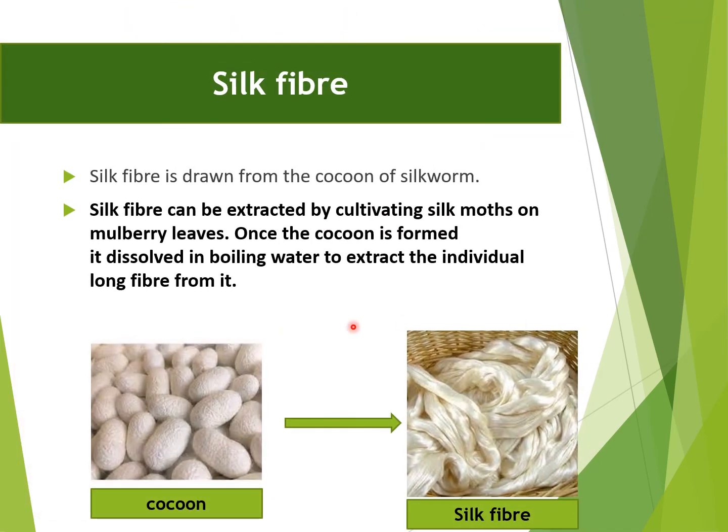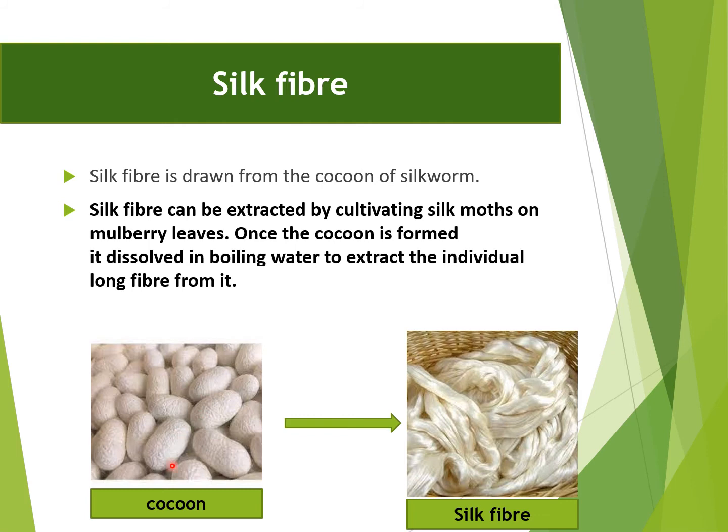Now we will understand about the silk fiber. Silk fiber is drawn from the cocoon of the silkworm, and it can be obtained by cultivating silk moths on mulberry leaves. Once the cocoon is formed, it is dissolved in boiling water to extract the individual long fiber from it.